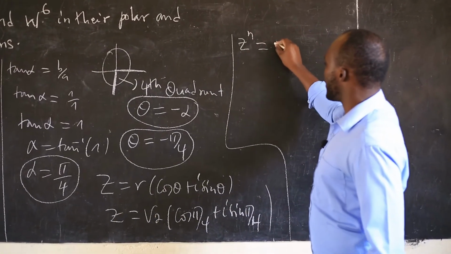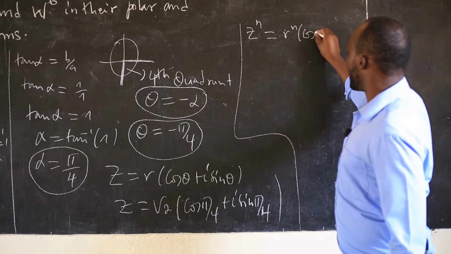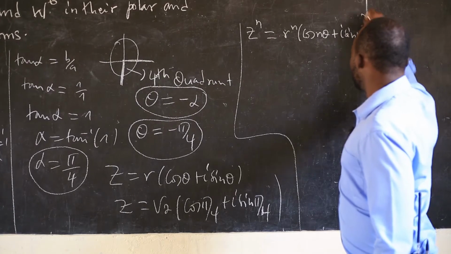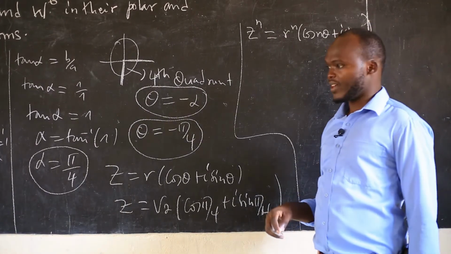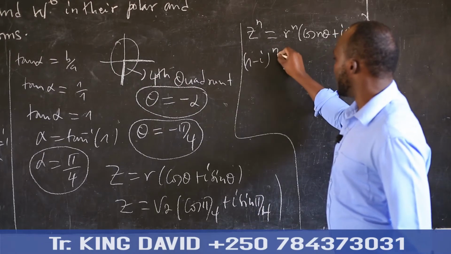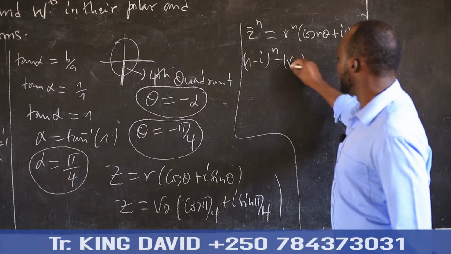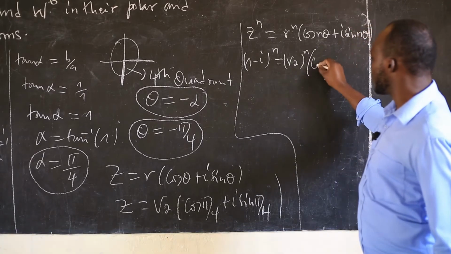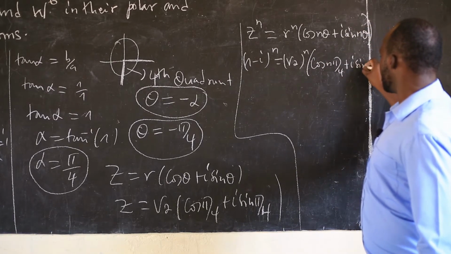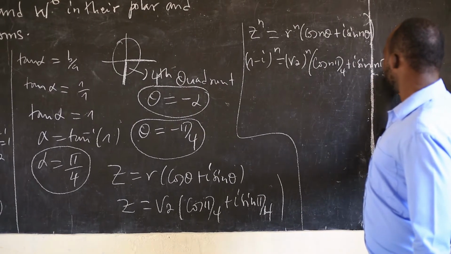z power n will be equal to r power n into bracket cos n angle plus i sine n angle, by using De Moivre's theorem. So now (1 minus i) power n is root 2 power n into bracket cos n pi over 4 plus i sine n pi over 4.